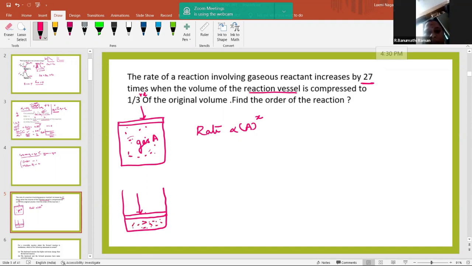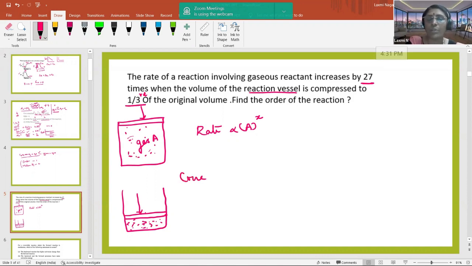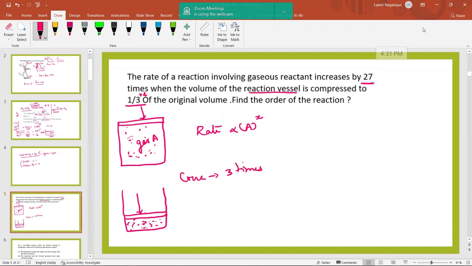So the number of moles per unit volume increases. When the volume of the vessel drops to 1/3, the concentration gets increased by 3 times. Did you get it?